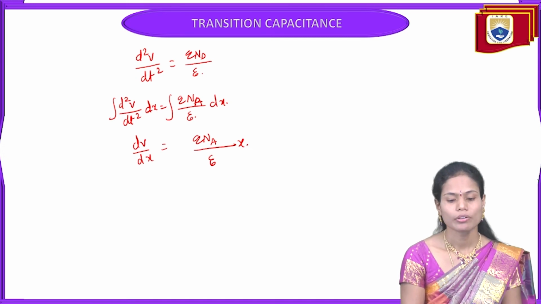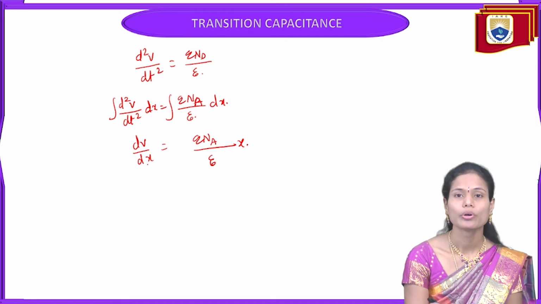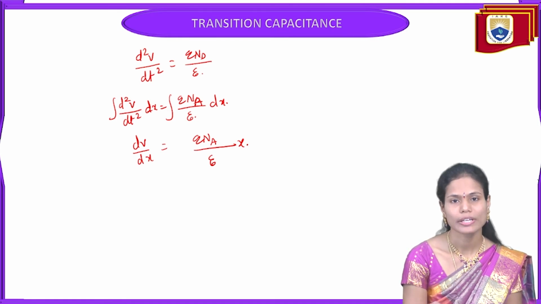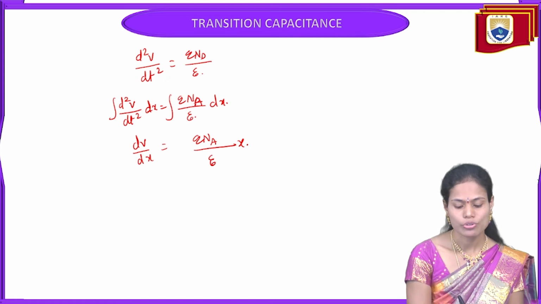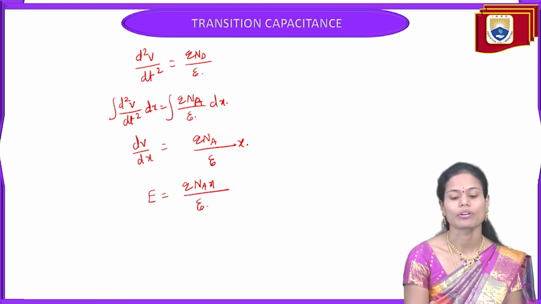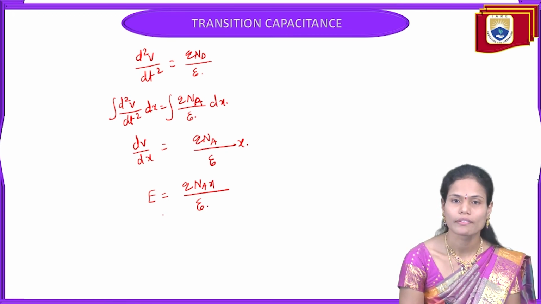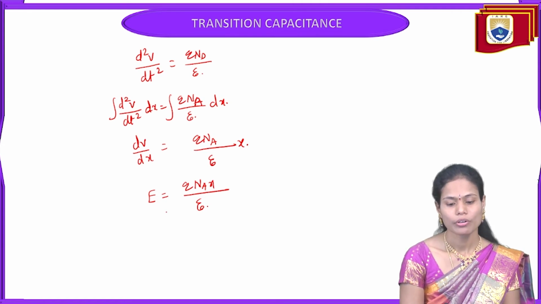Here dV by dx is the electric field intensity over the 0 to W range of the PN junction diode. So the electric field dV by dx, I can write as Q Na x by epsilon, which is the electric field intensity developed across the reverse biased PN junction diode.